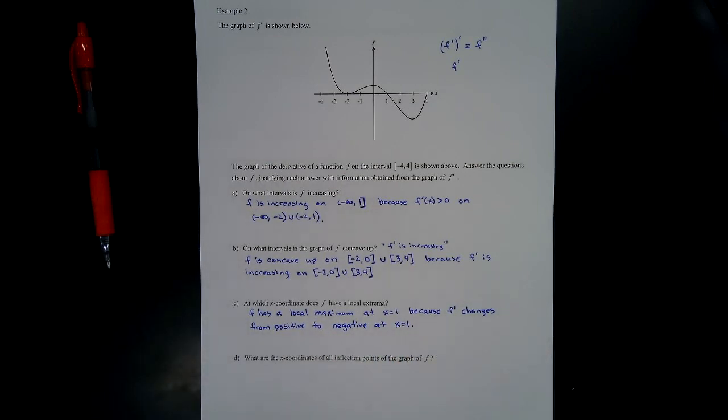So every justification, when they give you the graph of f prime, every justification has to be in reference to the graph of f prime, okay? What is it about the graph of f prime that's telling you this, okay?